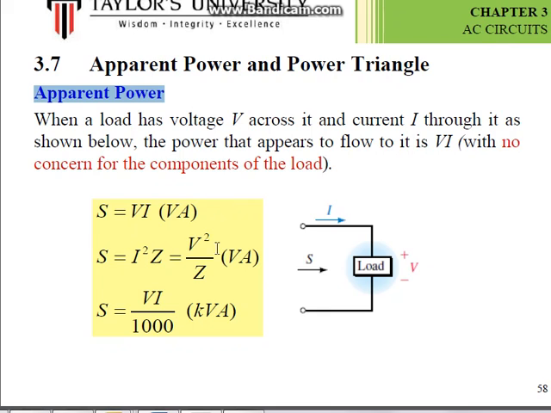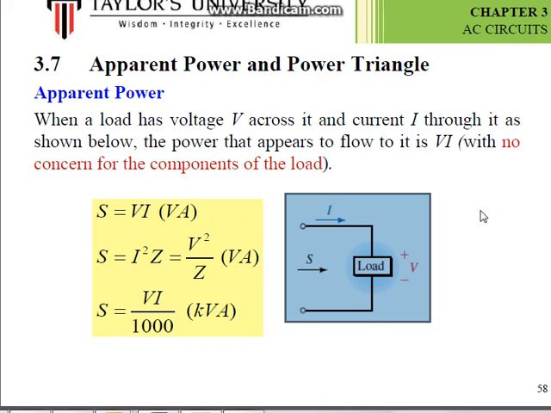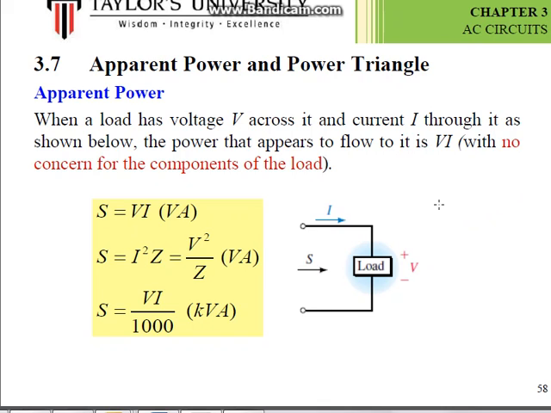If you have taken into account all the power that goes through all the load here, this load can be a combination of your R, your C and L. In this case it would be your R, your XC and your XL, because we're talking about the impedance here.